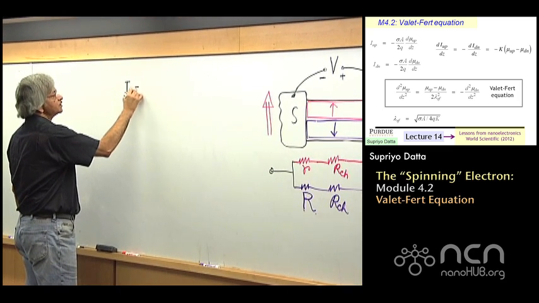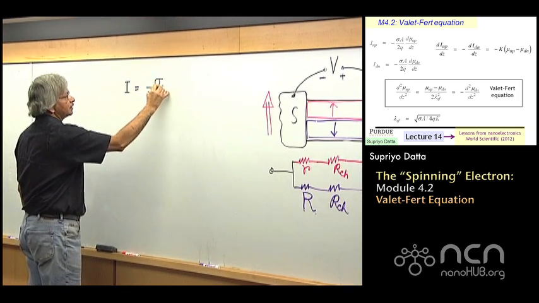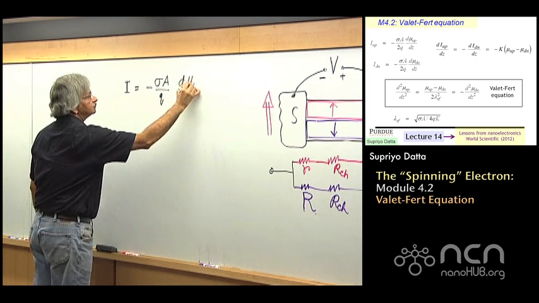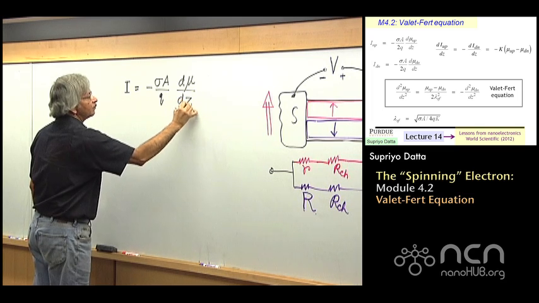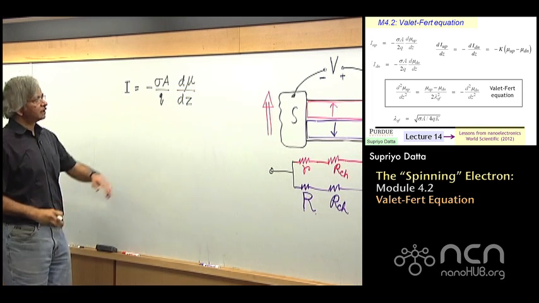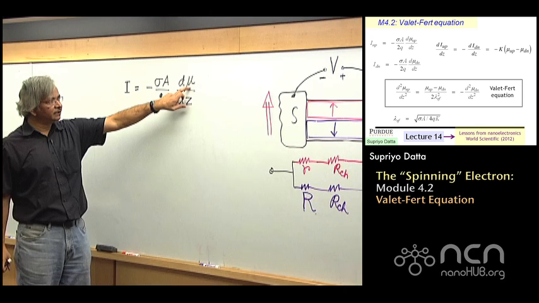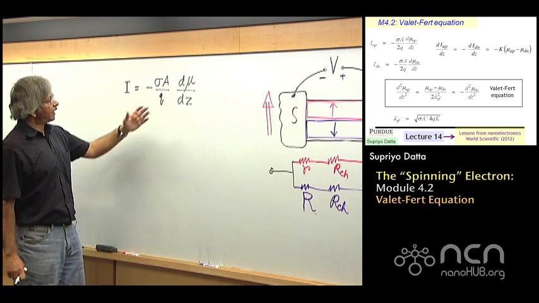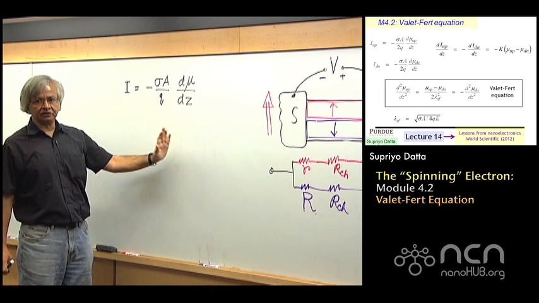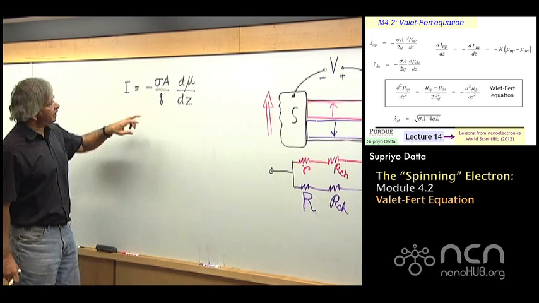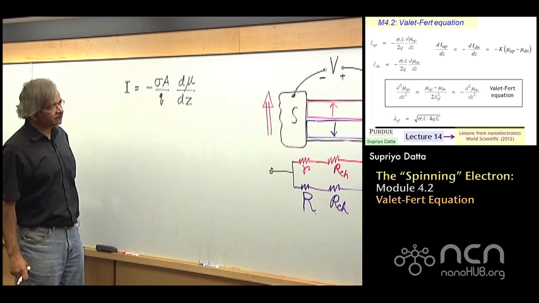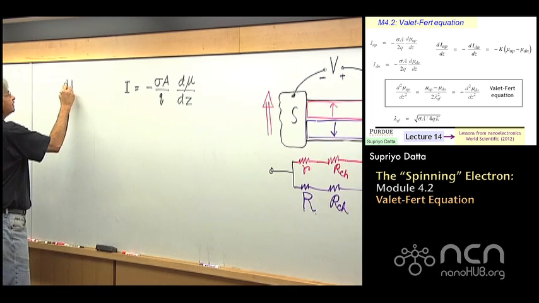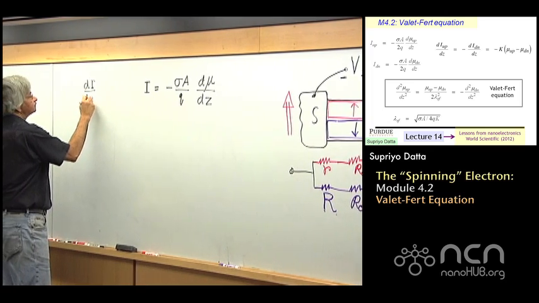The basic equation that I'd written in that context is that the current is minus sigma A over q d mu dz, where this mu is the potential in the channel, and it has these two fixed values at the two ends and changes along the channel. This is how you can find the current. And in a one-dimensional device, we discussed how dI/dz is equal to 0.